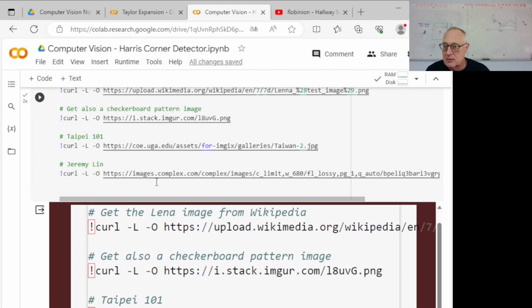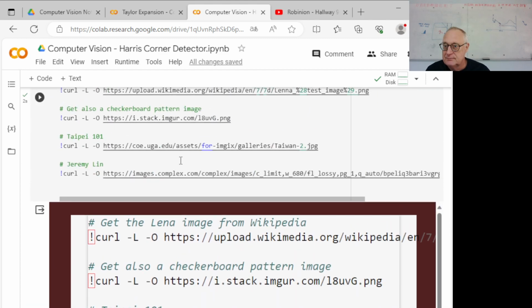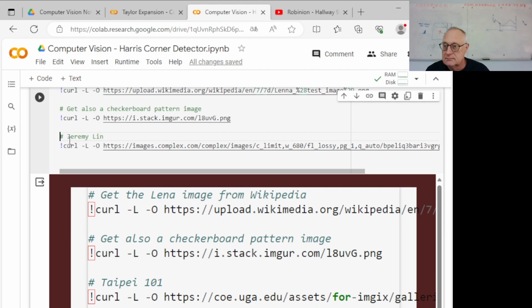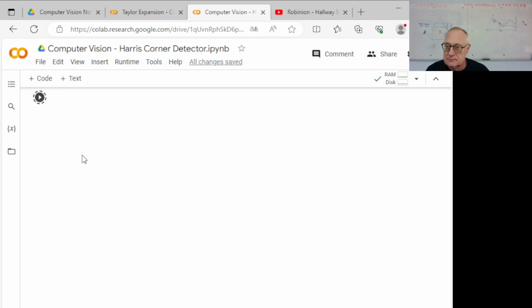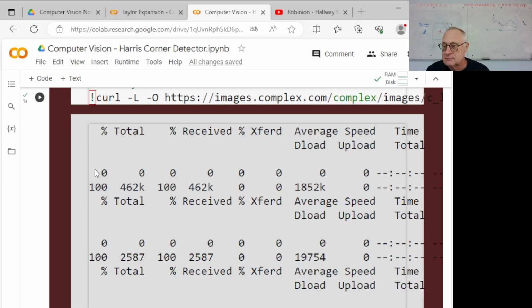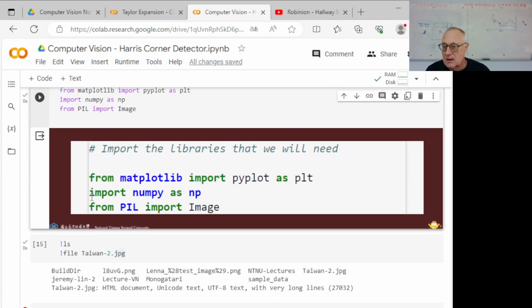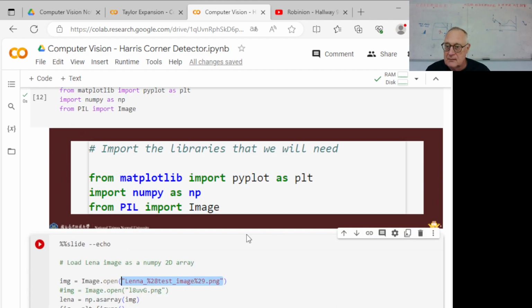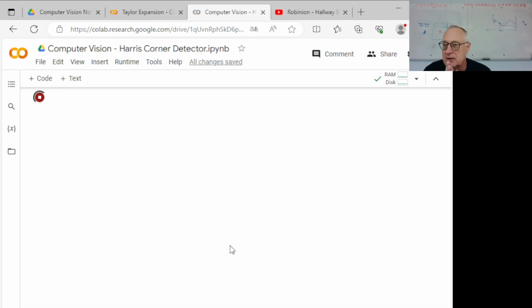So this doesn't work anymore. And let's see. Like any computer vision researcher, let's take the Lena picture.